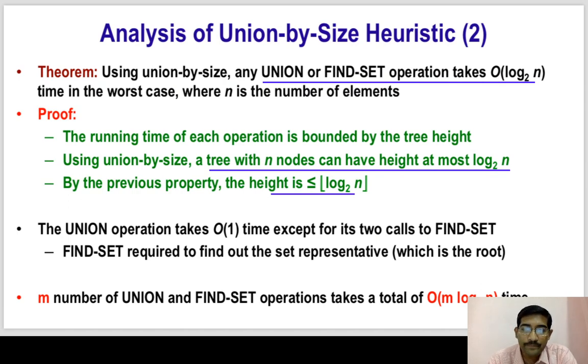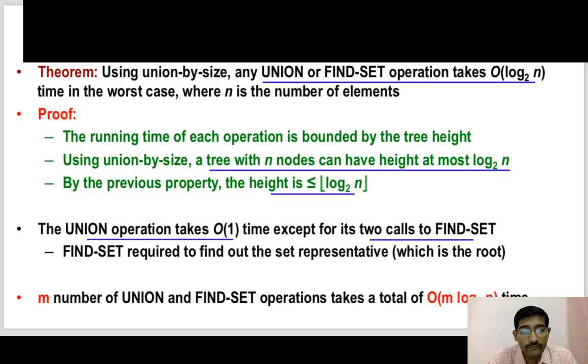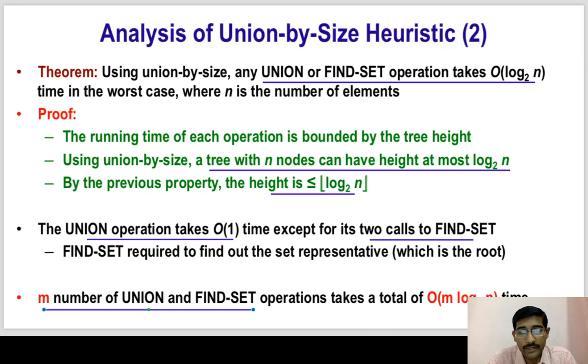So union operation, as you can see, is just a link transfer from a smaller size set to a higher size set, except it needs to call find set. And find set, we have found, is bounded by the height of the tree, so it is log n. So if there are m number of union and find set operations, in total we will take order of m log n time.